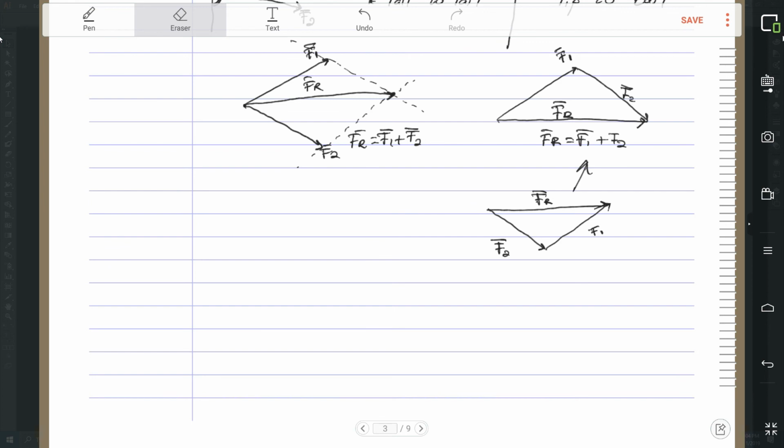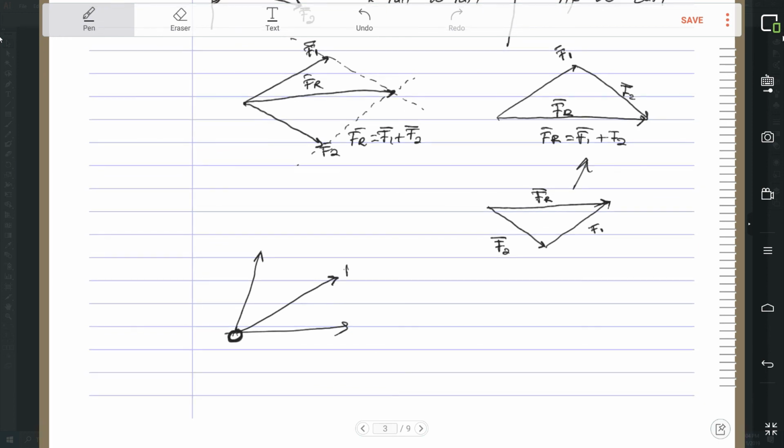So all you have to do, say you have a vector, say that's a guy, that's a pin there and a guy pulling it with a rope with F. Alright, let's call it F1. That's a vector.